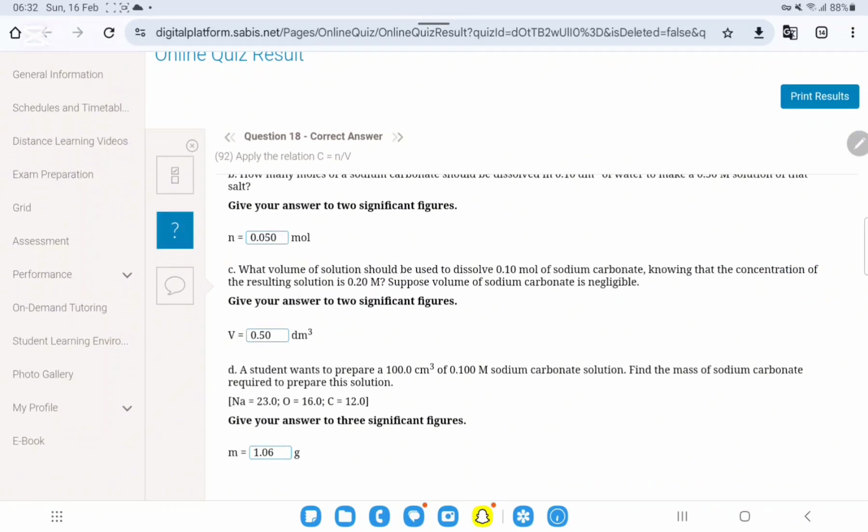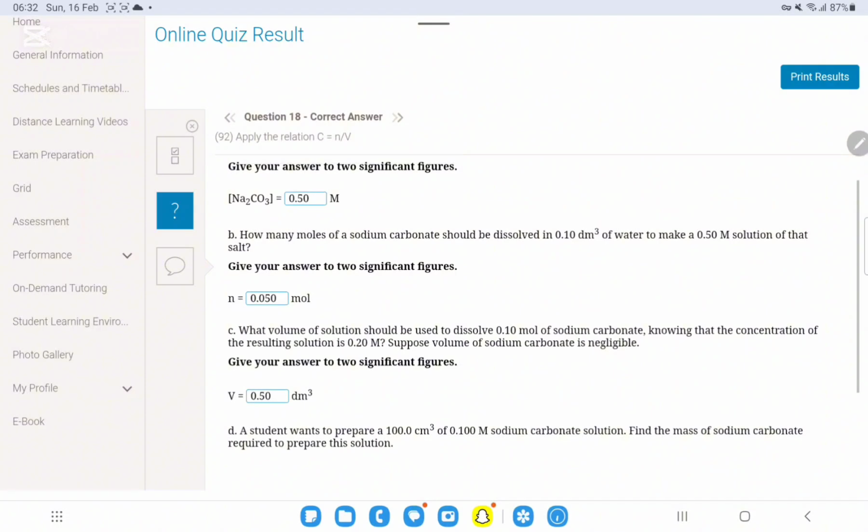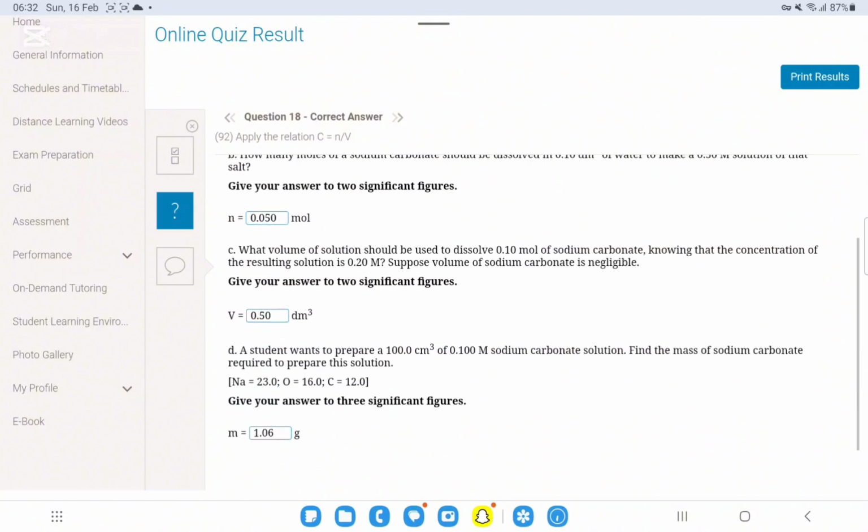A student wants to prepare 100 centimeter cubed of 0.1 molarity sodium carbonate solution. Find the mass of sodium carbonate. So I know sodium carbonate from the beginning of the question, Na2CO3.